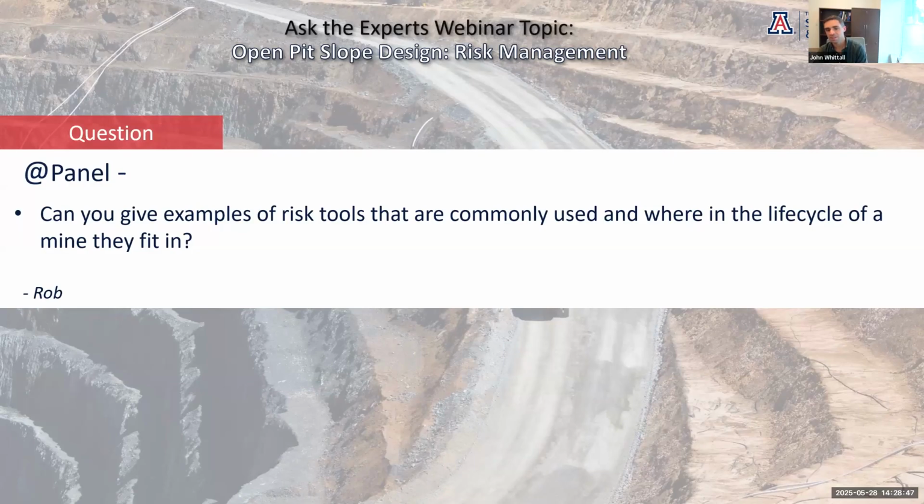But the other bit on the life cycle I wanted to mention is it depends on what data you have. Do you have the data to actually do that methodology at the stage you're in? And if you don't, then your result isn't going to mean too much. So like Lucas said, early in a project, often you have the more qualitative tools. And as you collect data, you can start putting numbers to things and maybe getting more specific.